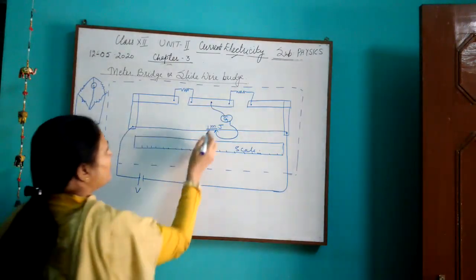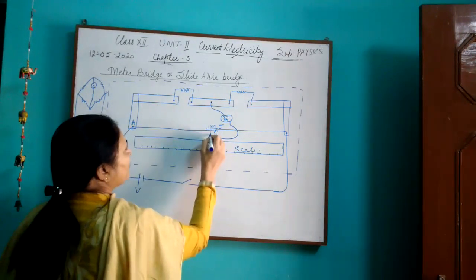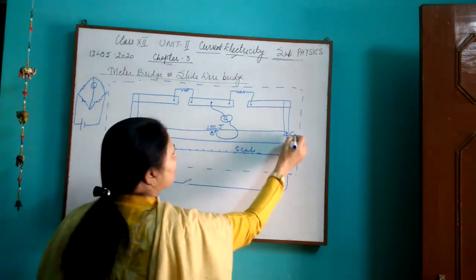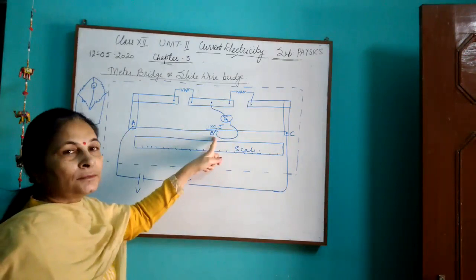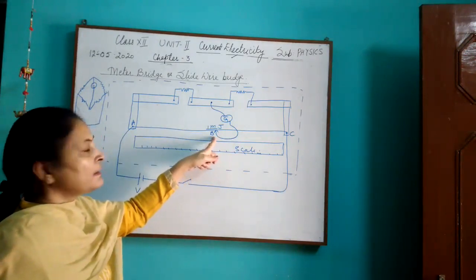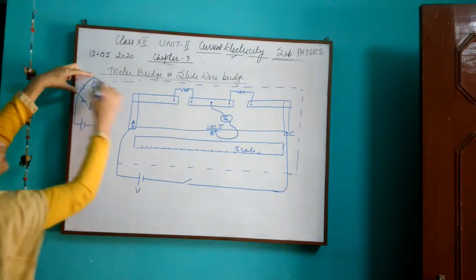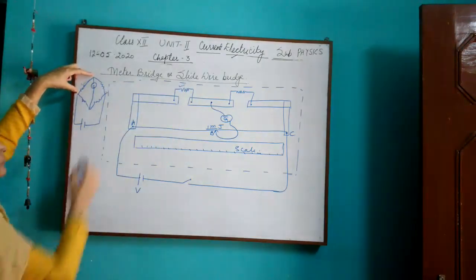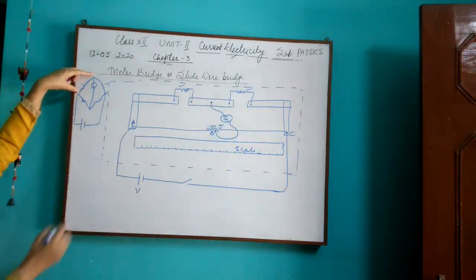Now this much portion, say take it as A, B and C. This AB portion will be taken as the third arm. You can see this one. This is this arm, say. This one is this arm.